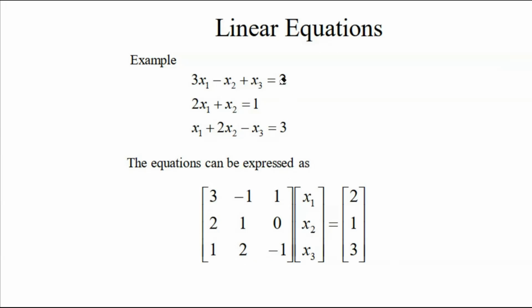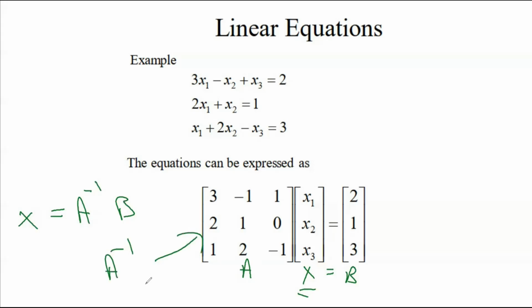And then you take the 2, the 1, the 3, put it over. So this is like AX equals B. So as I said, X will be equal to A inverse B. The big trouble is to find the inverse of that.